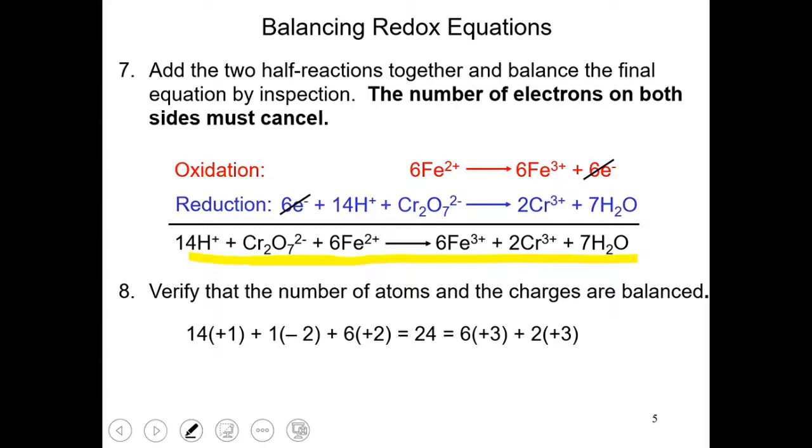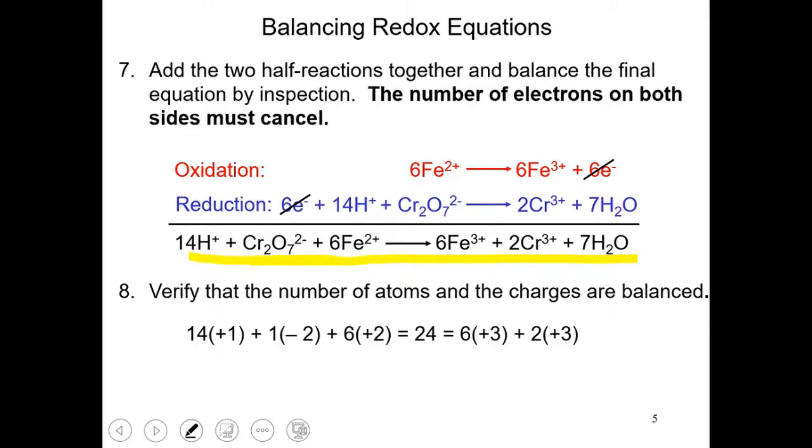Notice that there are protons in there. In some cases, the protons are going to show up on the reactants side. In some cases, they're going to show up on the products side. If the reaction were carried out in a basic solution, what we do is carry out the process all the way to here as if it were an acidic solution.